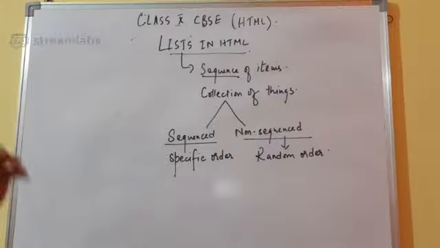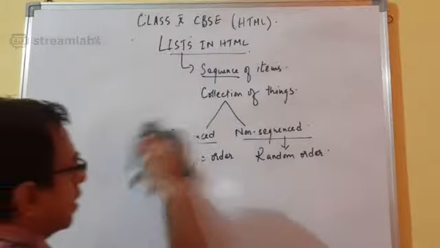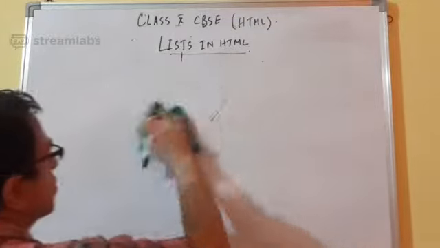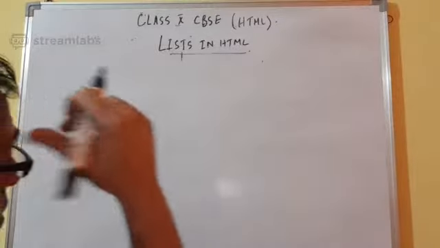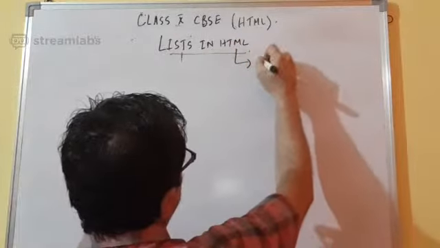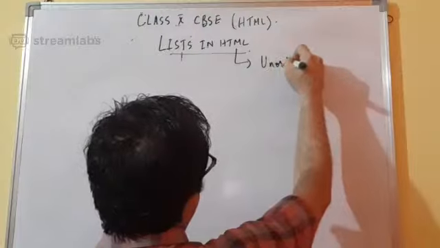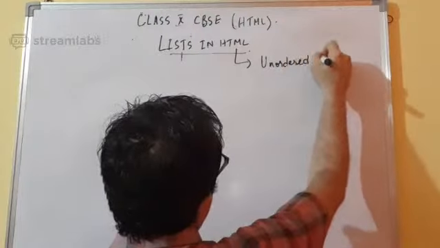What kind of lists do we have in HTML? There are three kinds of list representation in HTML. The first is what we call unordered lists.